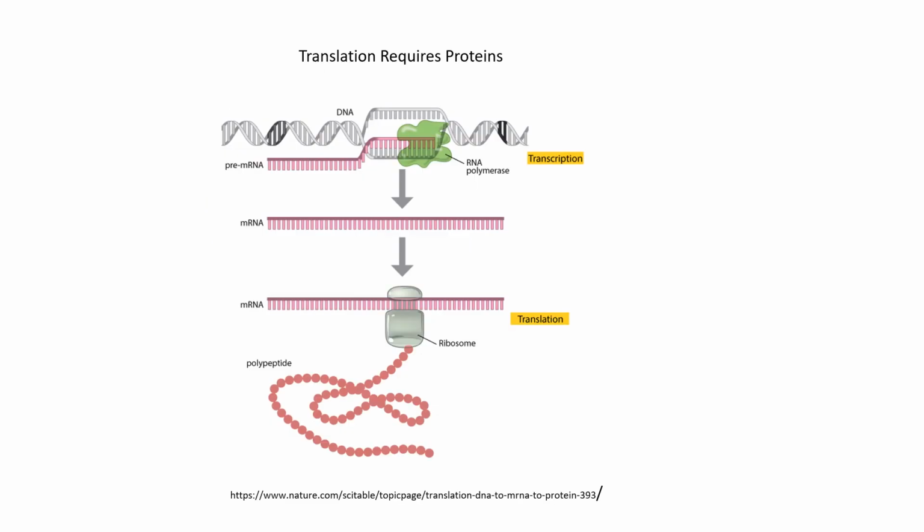Now, once the DNA is transcribed, we have mRNA. But this mRNA is just sitting there. It needs to be made into proteins, and that process is called translation. And once again, this is being taped during the COVID epidemic.